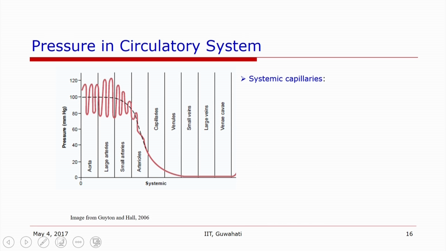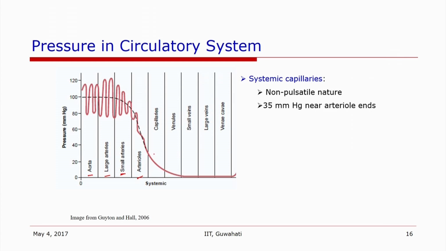You might further notice that the pressure is pulsatile in the aorta, large arteries and smaller arteries, and from the arterioles onwards the oscillations, the pulsatile nature of the pressure and the flow, are gone and the flow is smooth in the capillaries.